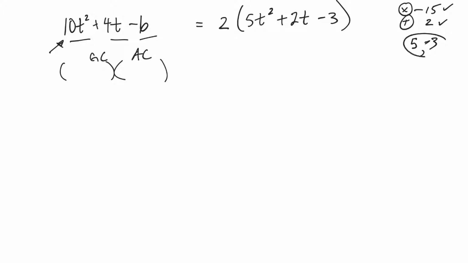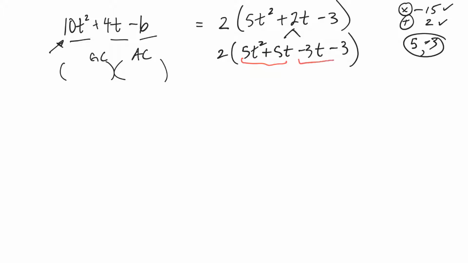Those are my numbers. So 5t squared, split the middle term, plus 5t minus 3t minus 3. Good. Now I'll group factor these guys and these guys.